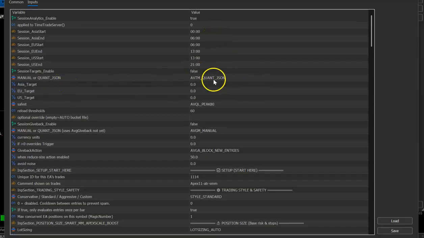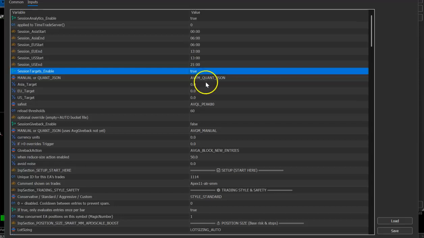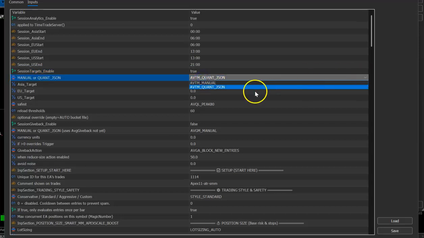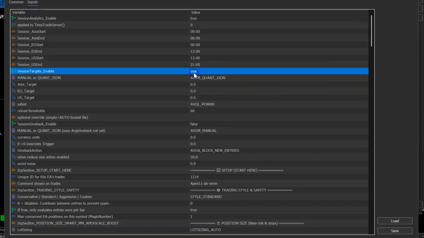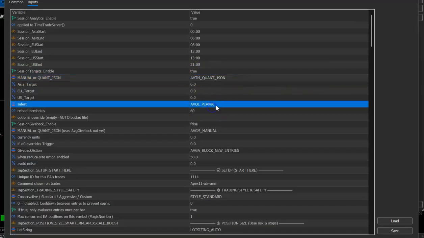Session targets will be here, so you'd select that true, and you could either do manual, so you get manual profit in each trading session, or you just let it do it automatically. Like I just discussed a minute ago, the peaks, so you could target peak 80, peak 90, so just for the safest, target peak 80.